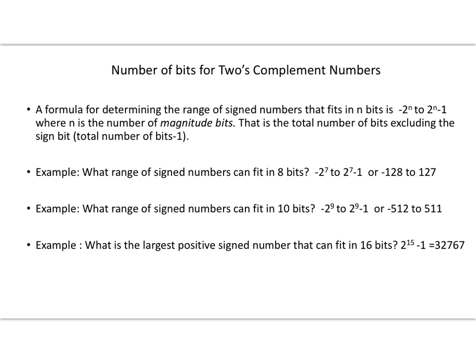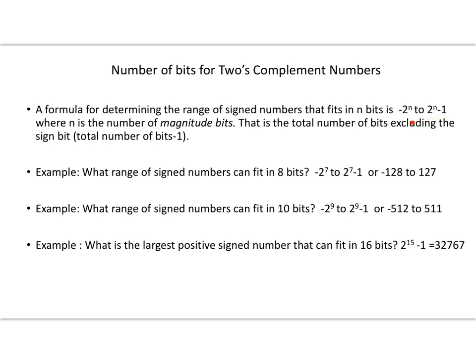This is a very important formula for determining the number of bits that will be necessary to store a 2's complement number. And this is the formula right here, minus 2 to the n to 2 to the n minus 1.